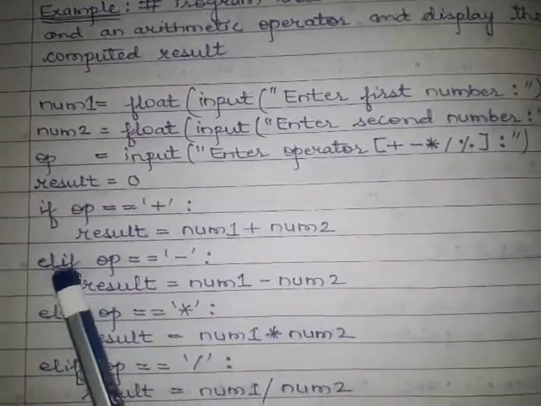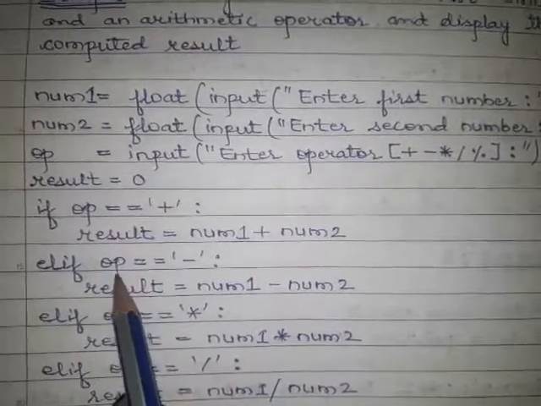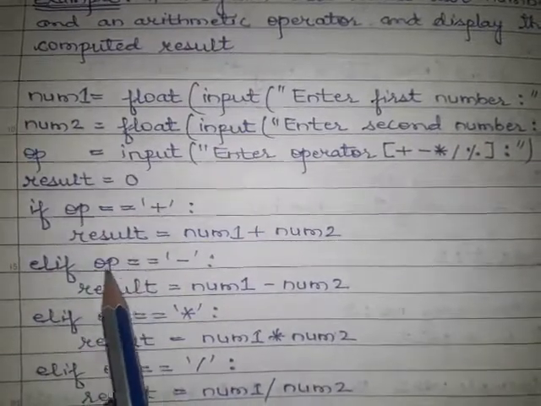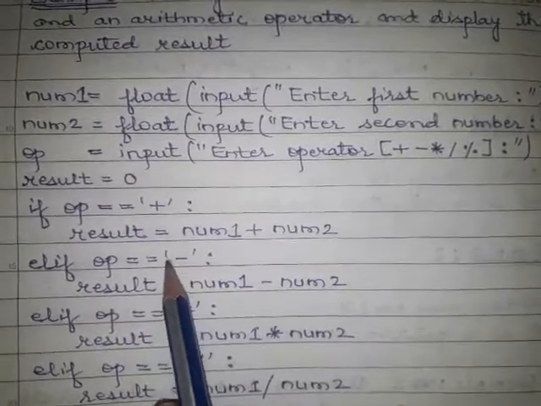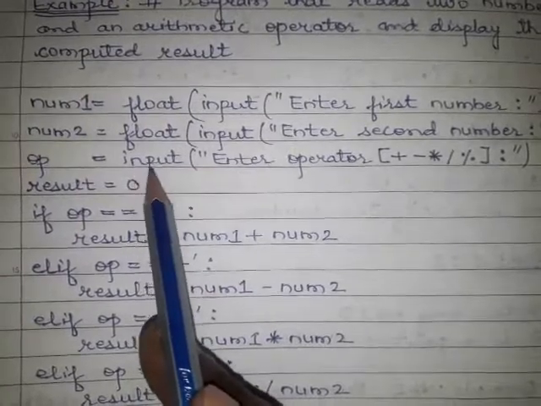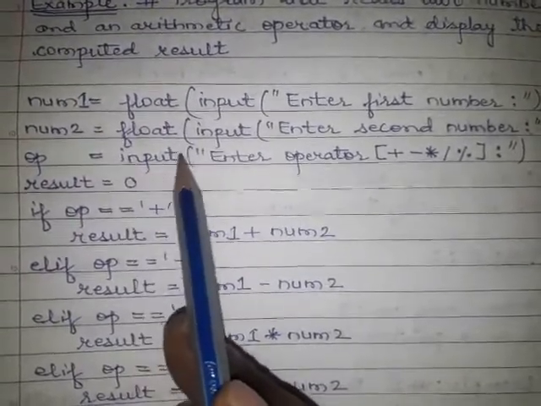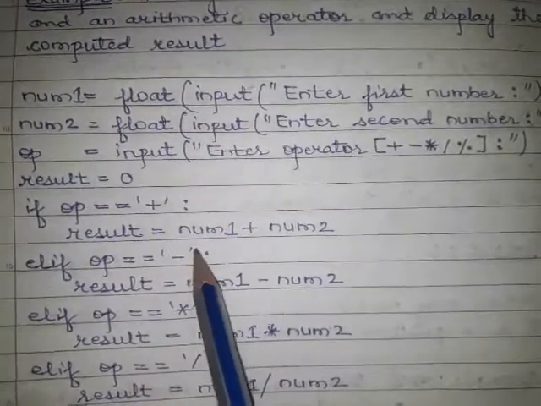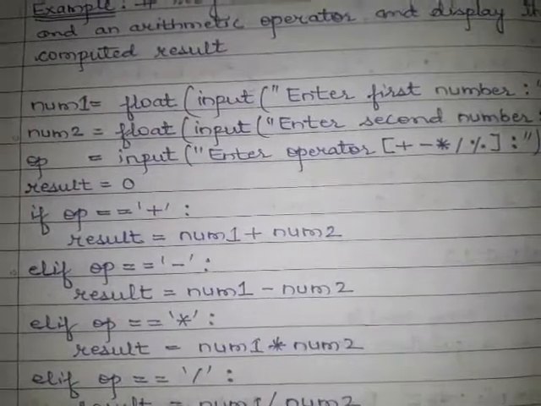Another condition, elif. Here we have written elif. First condition, second condition. Elif operator equals minus. So look here. All these are written in single quotation marks, because here I have not written any typecasting, integer or float, because input will give a string. So these are strings. Whatever you press with the keyboard, plus, minus, these are all characters.